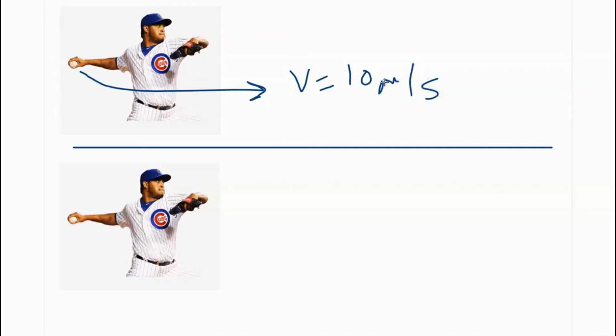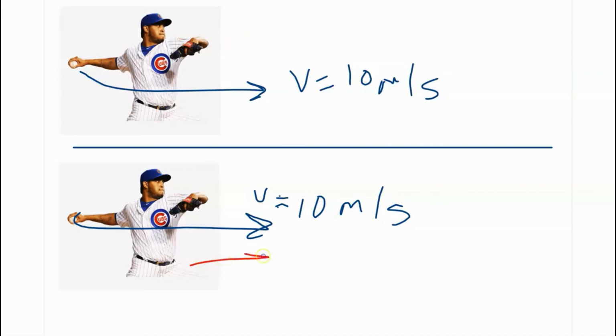If we were to then say, all right, situation 2, the ball is thrown at 10 meters per second, and the person who is throwing the ball is also running at perhaps 5 meters per second.